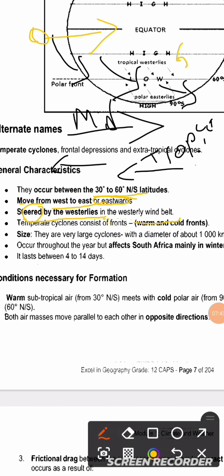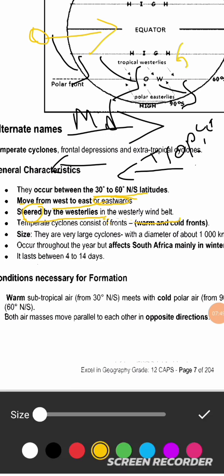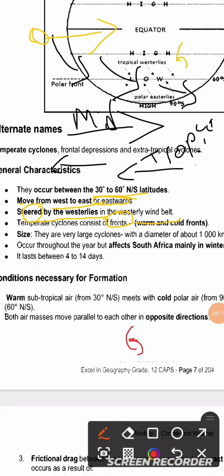Whenever you see fronts, you must know that this is a mid-latitude cyclone. They may ask you what kind of cyclone is this one. If you see fronts, that is a mid-latitude cyclone. But whenever you see this arrow, let me check if I drew an eye, it means that is a tropical cyclone.